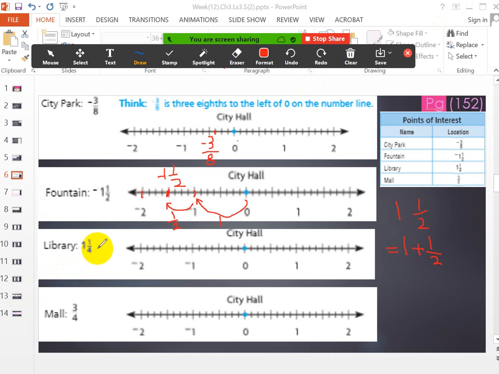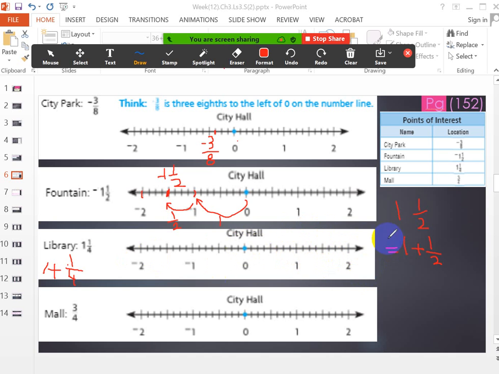1 and 1/4. As we said, it's 1 plus 1/4. That means on the number line you have to walk 1 whole, then walk to the fraction.